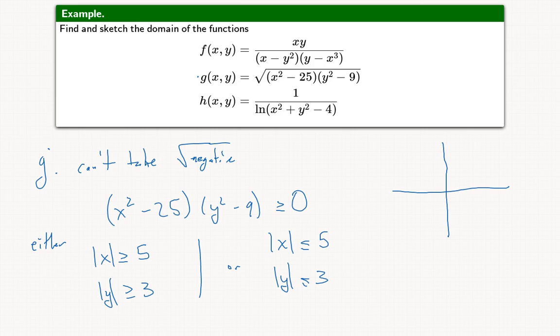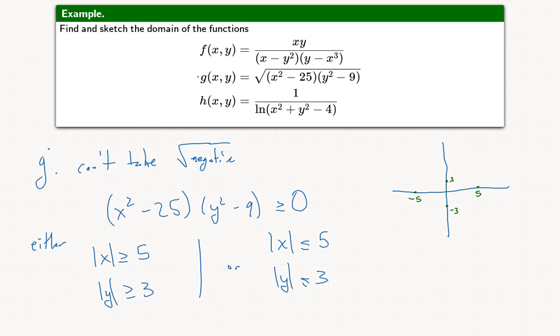So the blue is just indicating the axes. Now the domain, so let's draw 5 and negative 5 here, and 3 and negative 3 here.